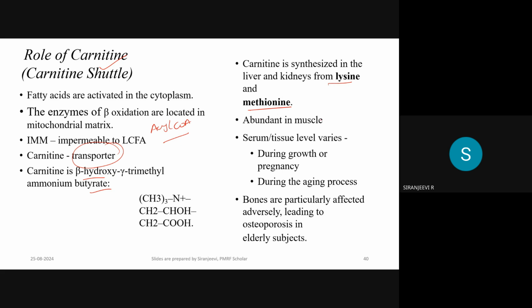It is abundant in the muscle, and its levels in serum or tissue vary during growth, pregnancy, and the aging process. Bones are particularly affected adversely when carnitine is not there, leading to osteoporosis in elderly subjects.